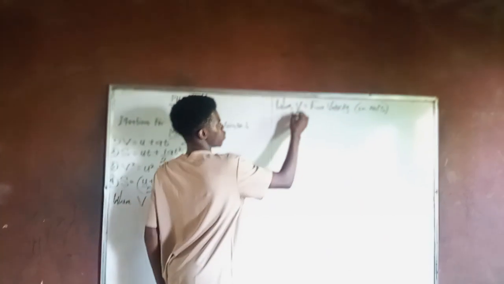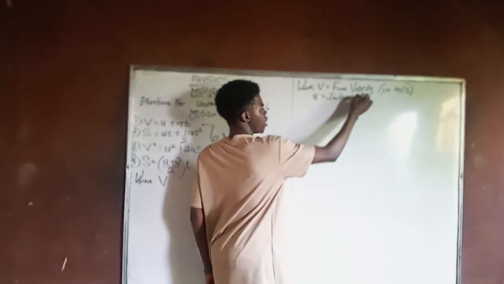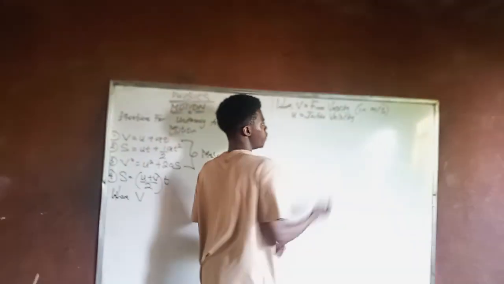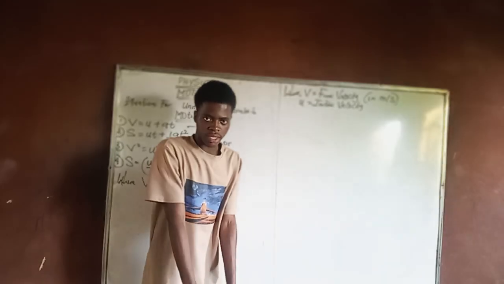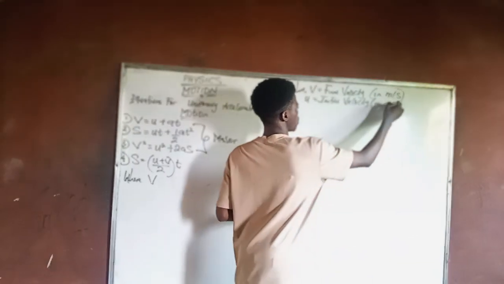My u is the initial velocity, meaning the velocity at the starting point, also in meters per second.